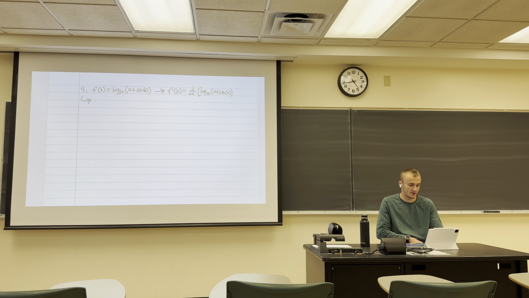So y equals x to the 1 over x, so we want to apply ln to both sides. And that gives us ln of y equals ln of x to the 1 over x.